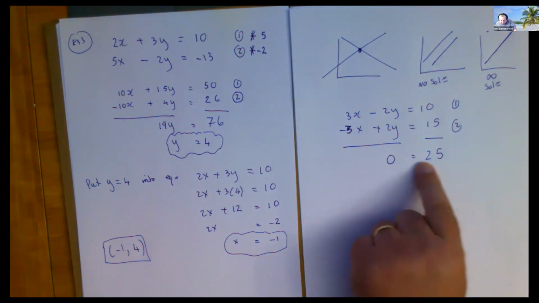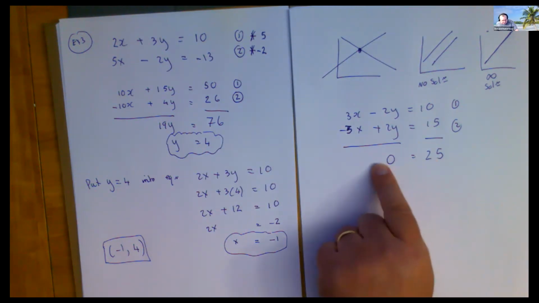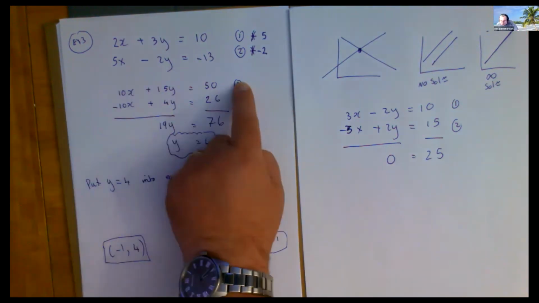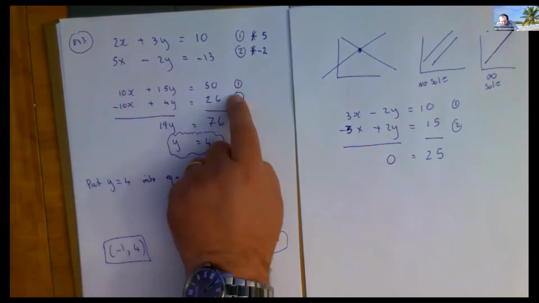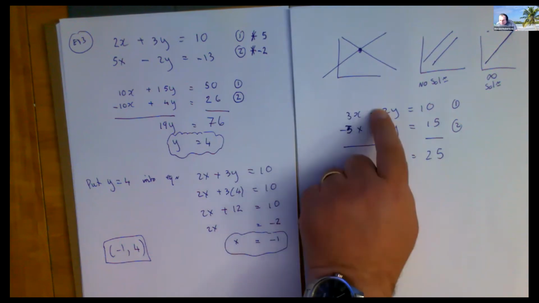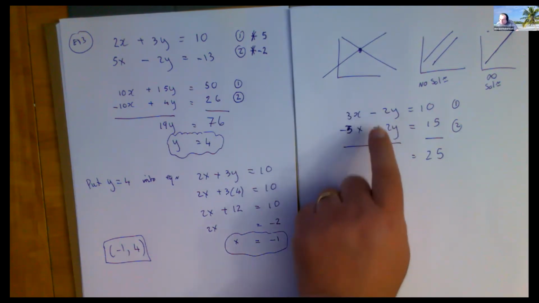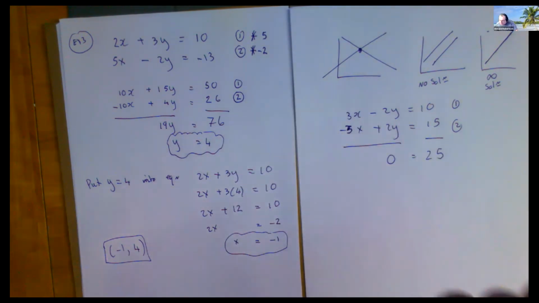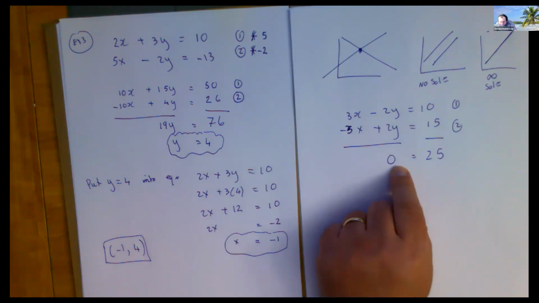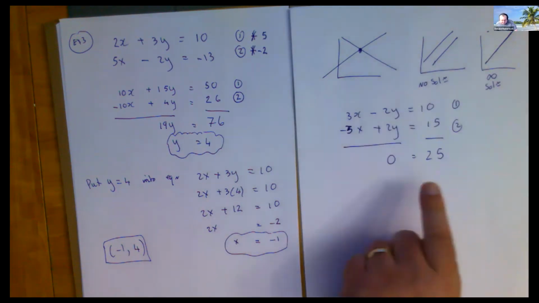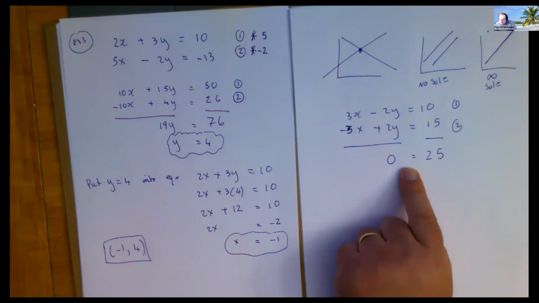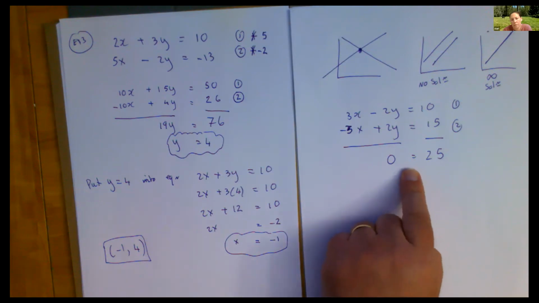This situation, when you do the algebra, maybe you have to multiply this equation by 5 and multiply this equation by 2 before this happens. So you might not know it's going to happen until later on, halfway through the working. But eventually this is going to happen. Which of these two situations is this reflecting? No solution. Okay, no solution.